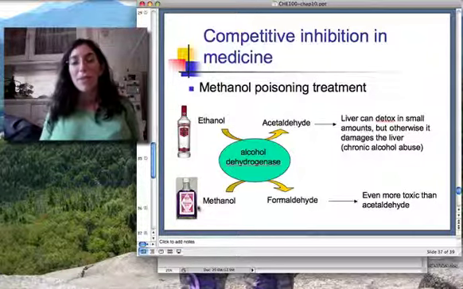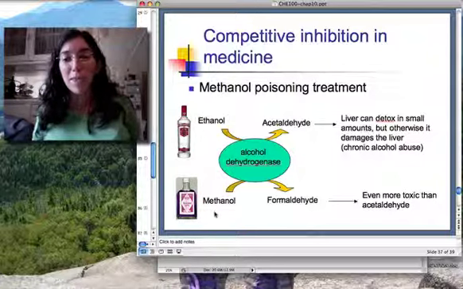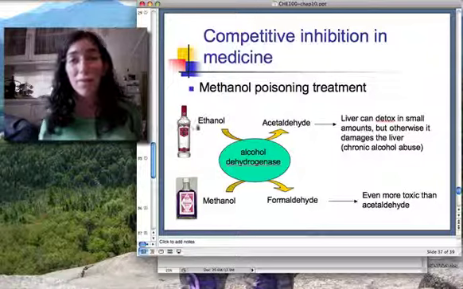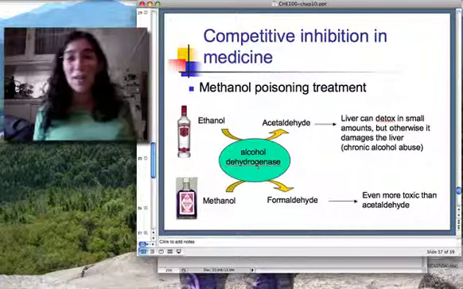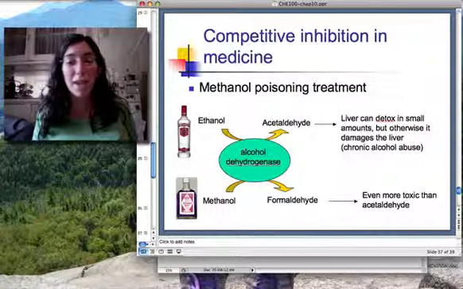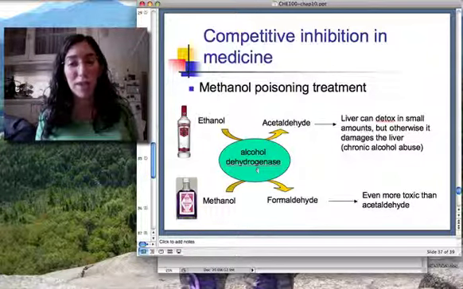So if someone had methanol poisoning, one way to treat it was actually to give them pure ethanol, because both ethanol and methanol compete for the same enzyme called alcohol dehydrogenase.